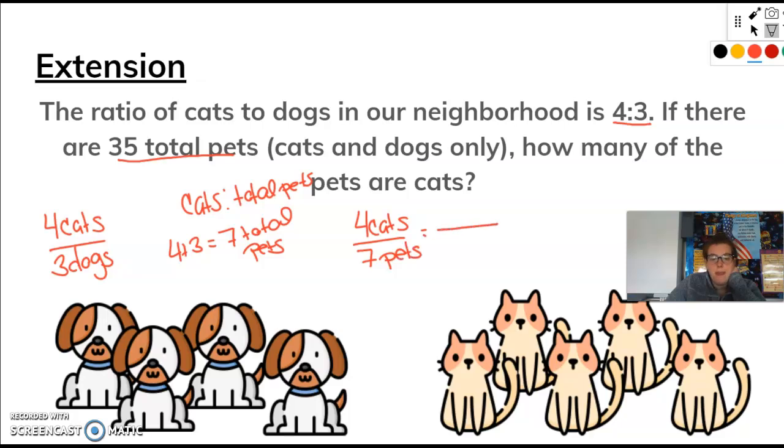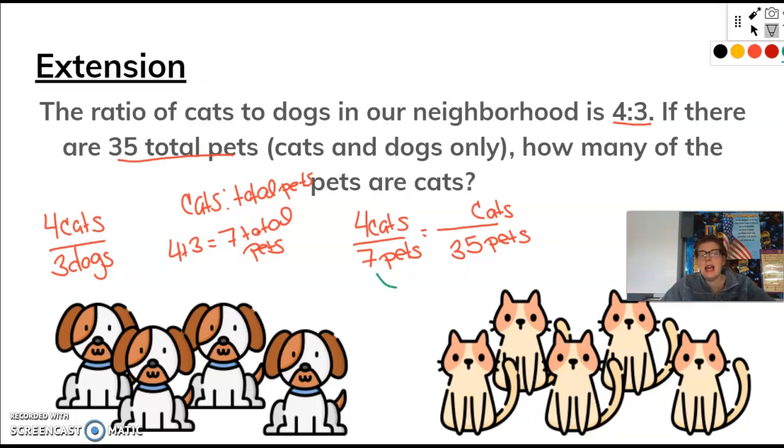So they don't want to know, well, if you have 7 pets, how many are cats? They want to know if there are 35 total pets, how many are cats? So I'm going to put 35 at the bottom. So I'm going to match up my total pets and I'm going to match up my cats at the top. So make sure your units are matching across the board. So then I need to figure out my scale factor.